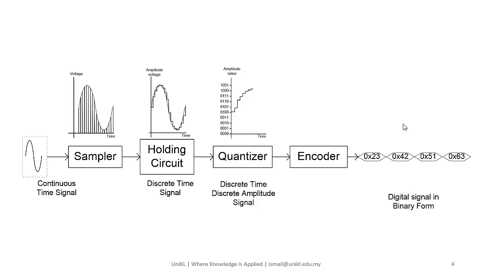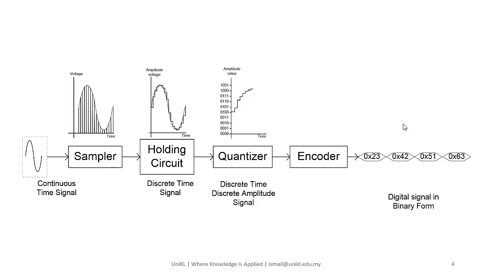From that we have the discrete time signal, because of the fixed time interval. Then we feed the signal into the holding circuit, which is only a capacitor.